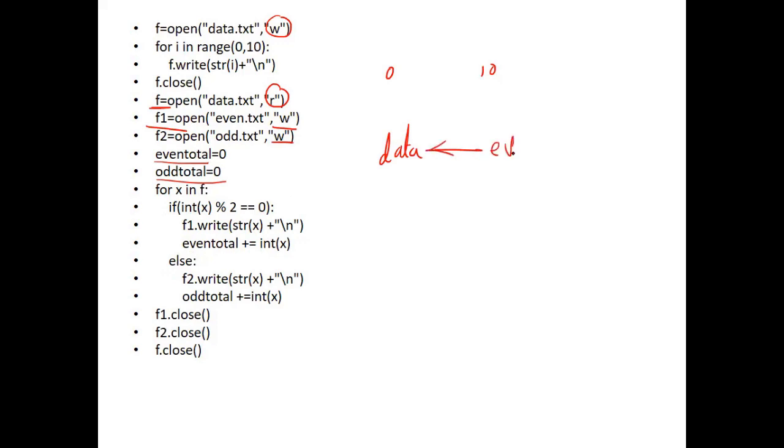For every number in this data file, you're taking each number and modulusing it with 2, and if it is equal to 0, then you know that it is an even number. So you're writing that into the even.txt file, and then you're adding it into the even total.